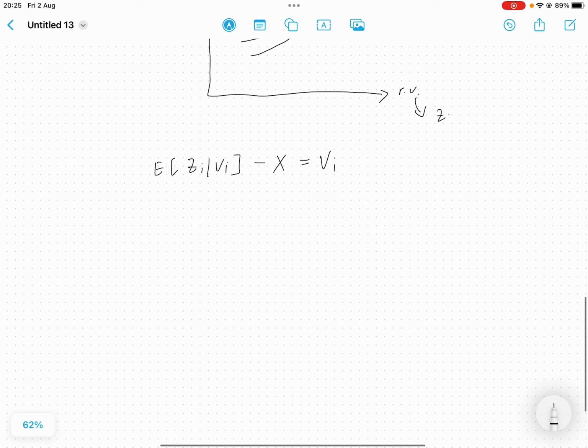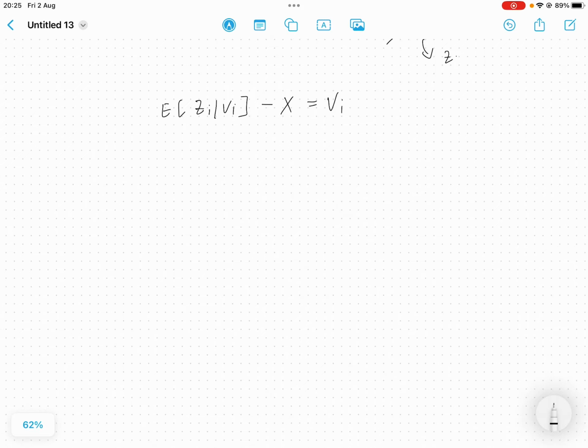So let's have some important definitions. A feasible security bid is described by a function small s of z.